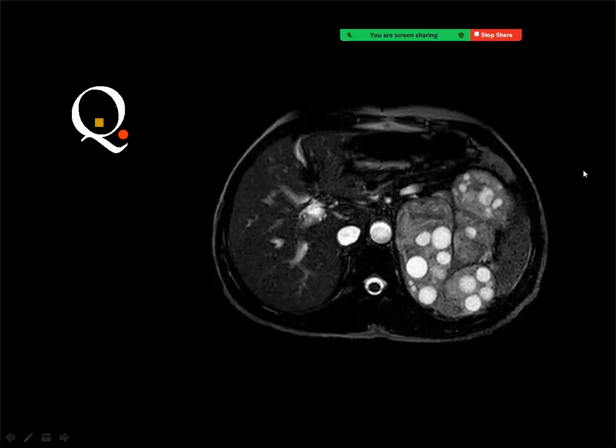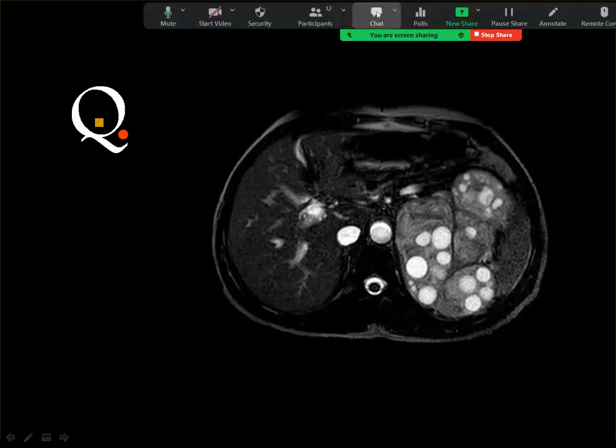In this case, you see a lesion in the region of the left kidney, in these MR T2 weighted images with fat saturation.